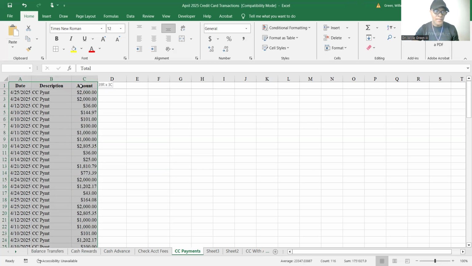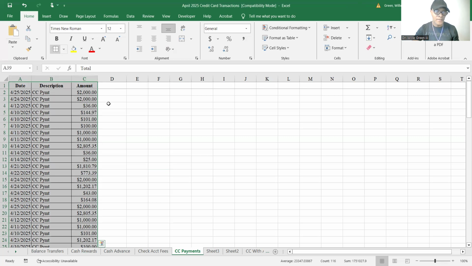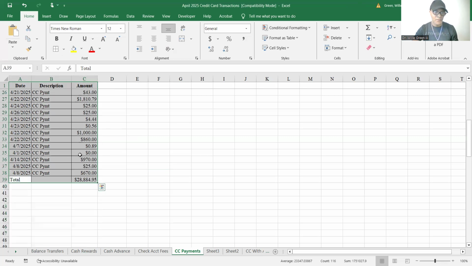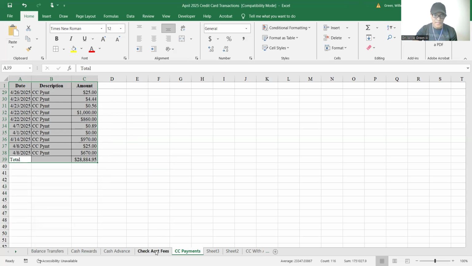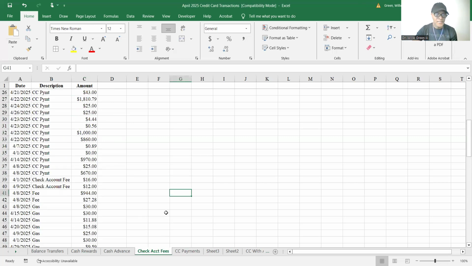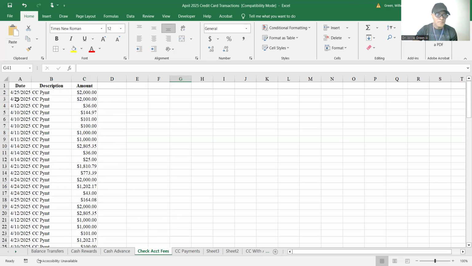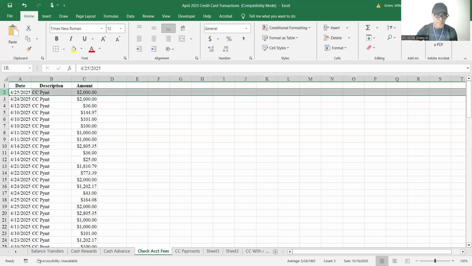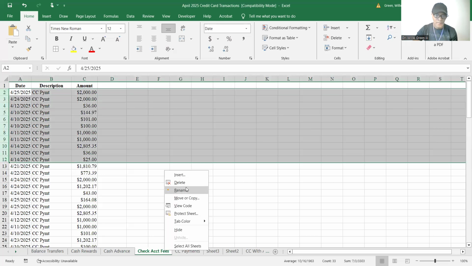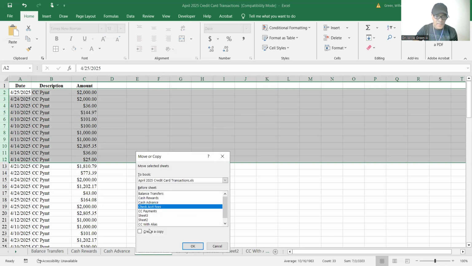Make sure we only had that. Okay, so these are the payments that were made to the credit card. Check fees. Go ahead and make a copy of that. Okay.